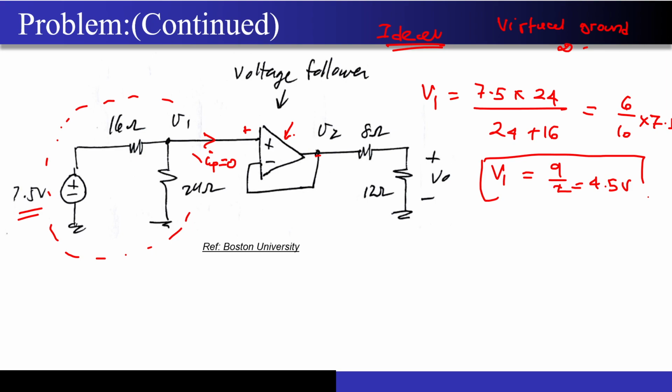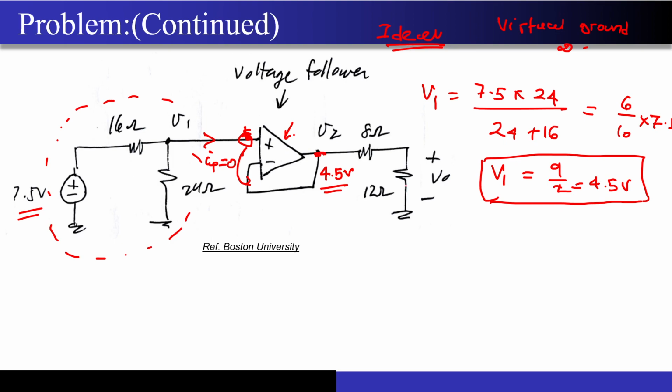So we got the value of V1. Now whatever value I have over here, I can put it over here also because of the virtual ground principle. So V2 became 4.5 volts. And now this 4.5 volts is again a resistor divider.